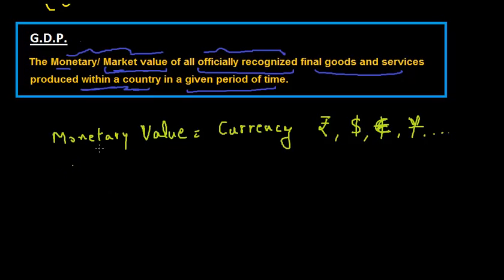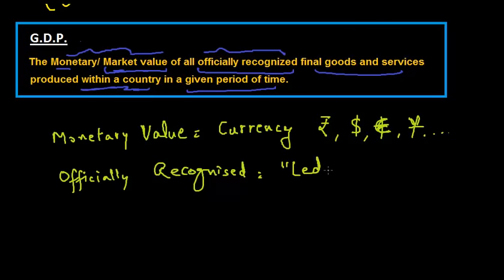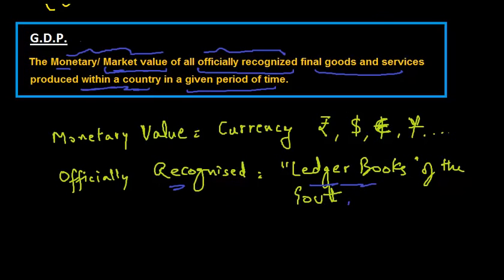Similarly, it says all officially recognized things. Officially recognized simply means something which is in the ledger books of the government. So work done by a housewife or a homemaker at her home will not come in the ledger books of the government, so it will not be recognized officially.